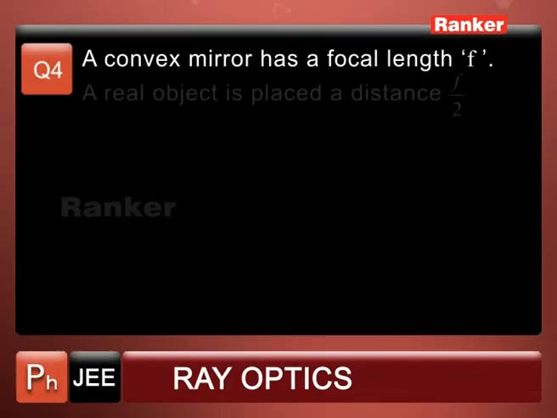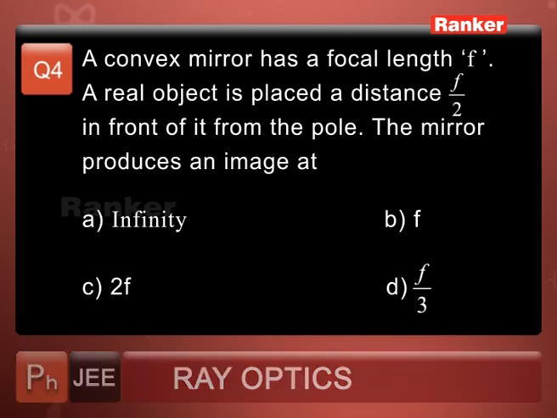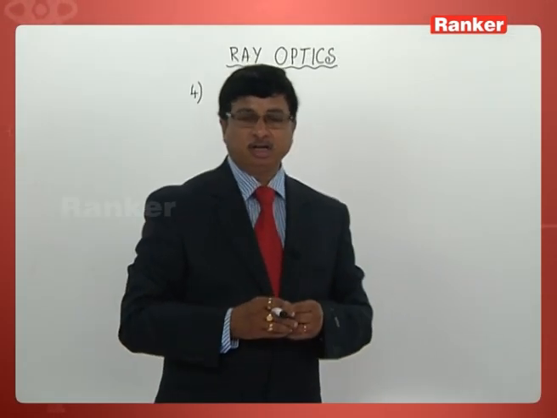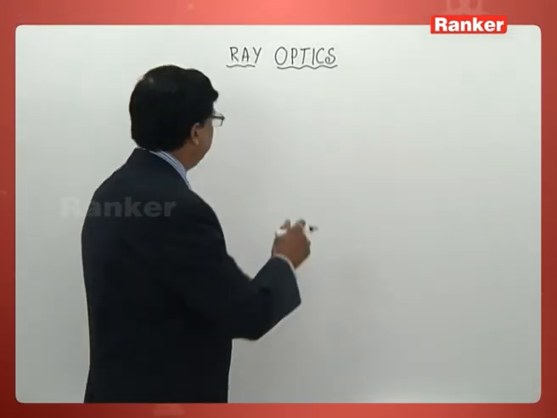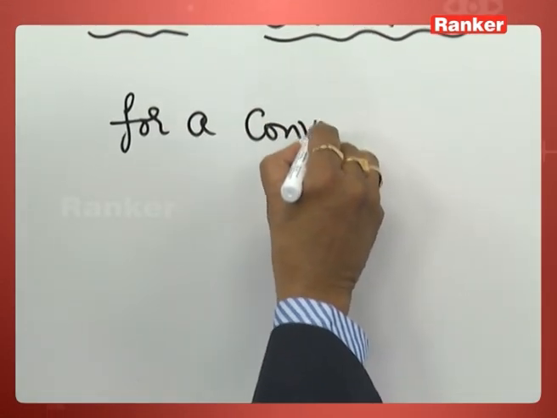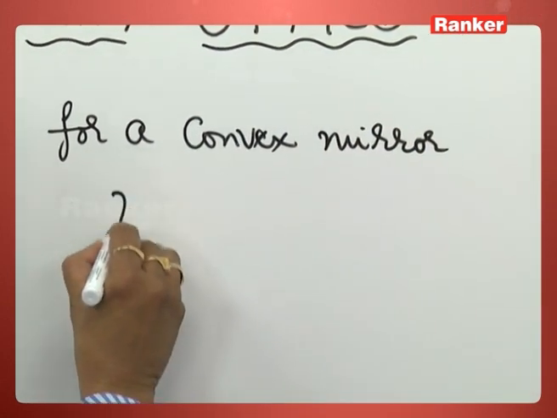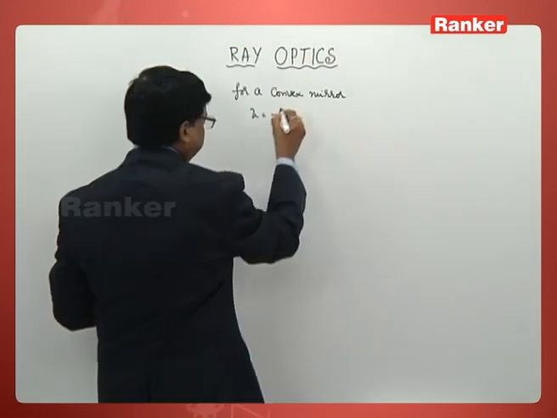Problem number 4. A convex mirror has a focal length f. A real object is placed at a distance f by 2 in front of it from the pole. The mirror produces an image at what distance? So once again you people can understand here, it's a convex mirror. So already we have discussed earlier, for a convex mirror, u will now be taken negative.